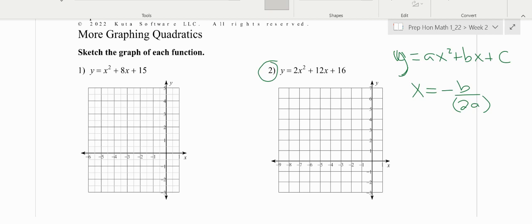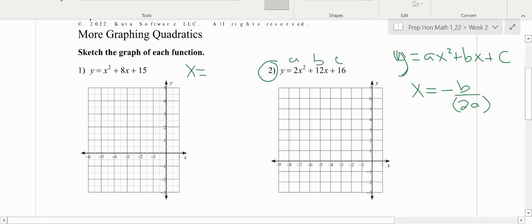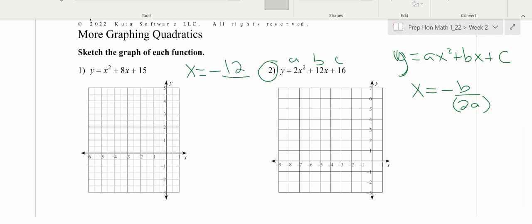So we see no parentheses, we have an x squared, an x, and the constant at the end of 16. The first thing we're going to do is use our axis of symmetry formula to find the x value of our vertex. So this is my a, b, and c. My b value is 12, so I'm doing the opposite of 12 over 2 times 2.